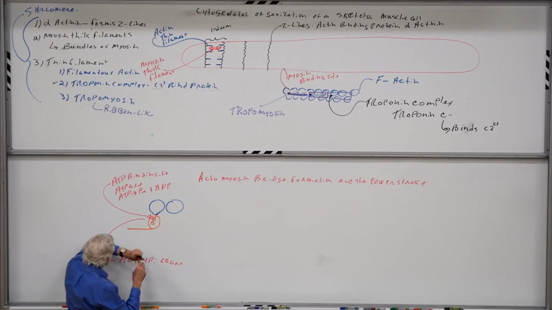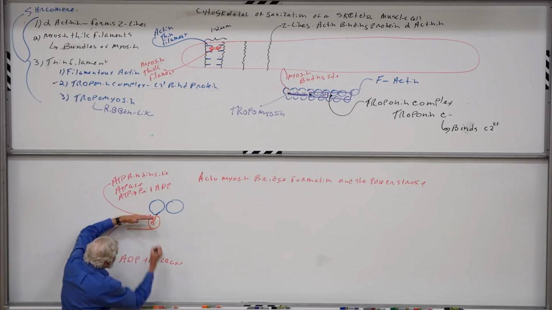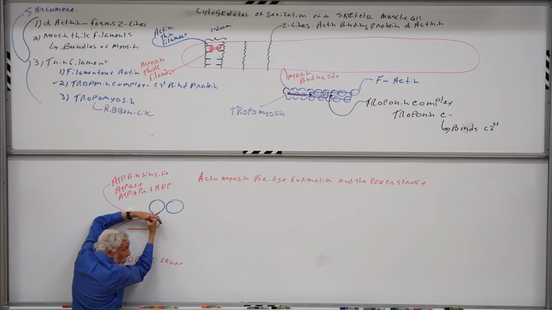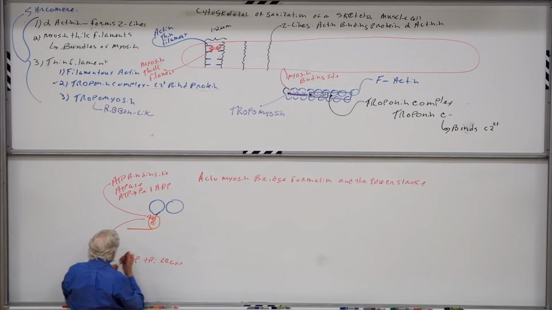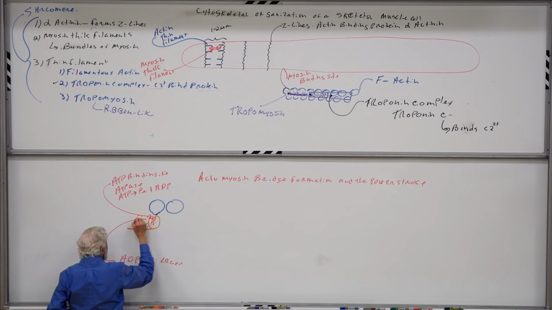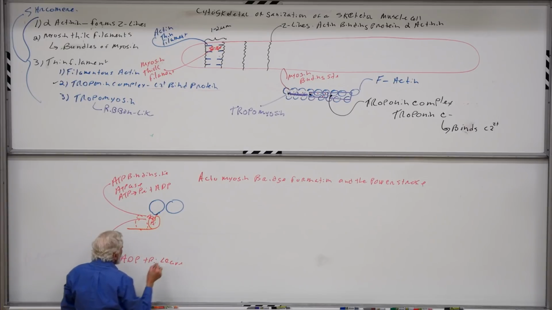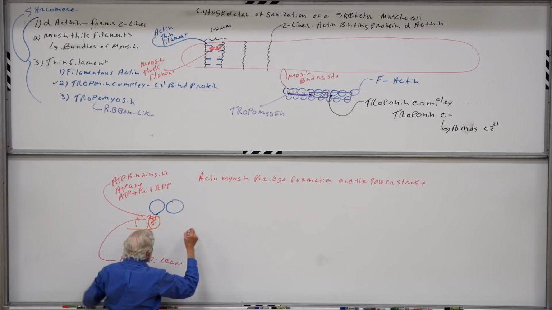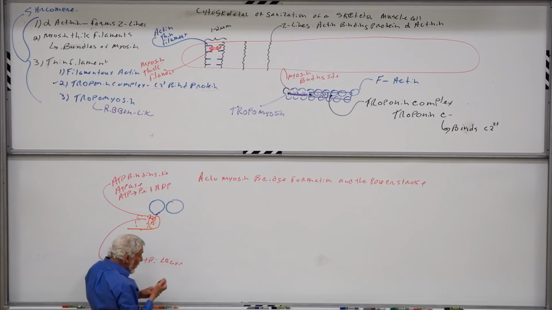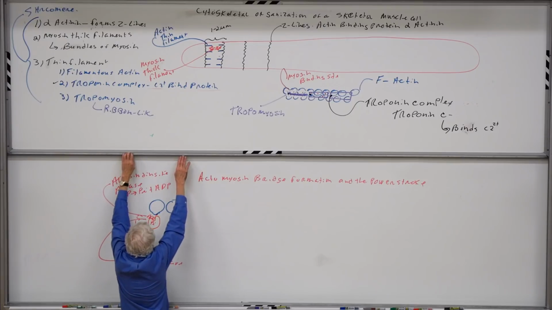Where this myosin head at this position is pointed more or less straight up, it's now going to bend over into this new position. And when it goes from this upright position to bent over, it tugs on the actin thin filaments.